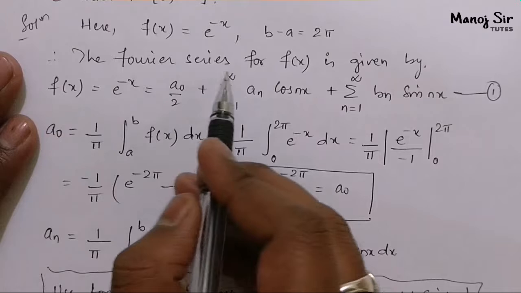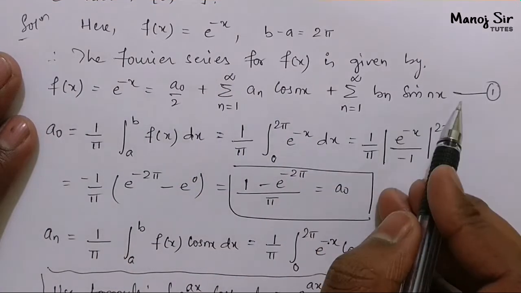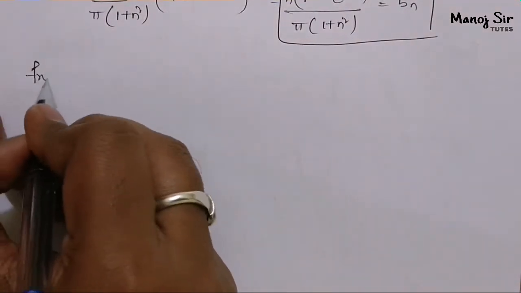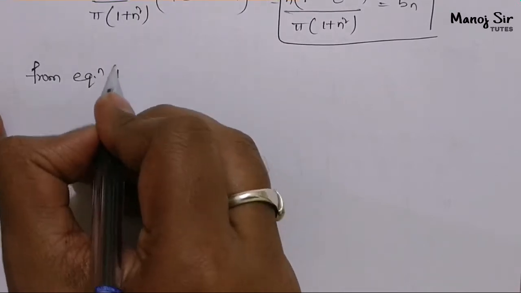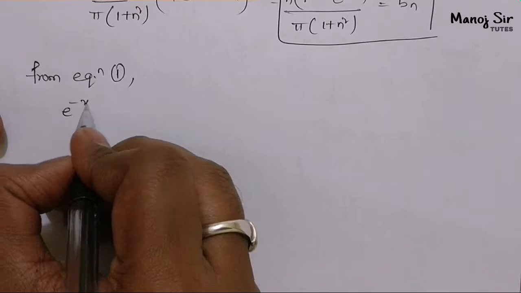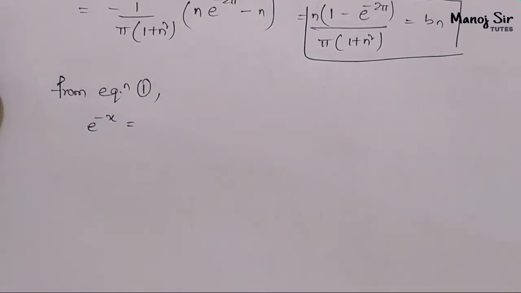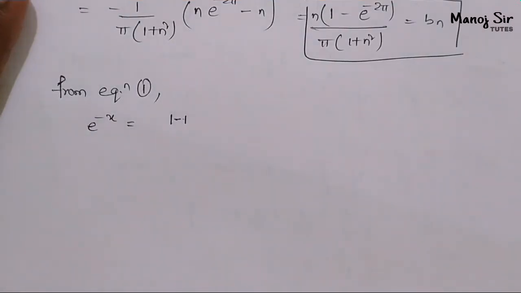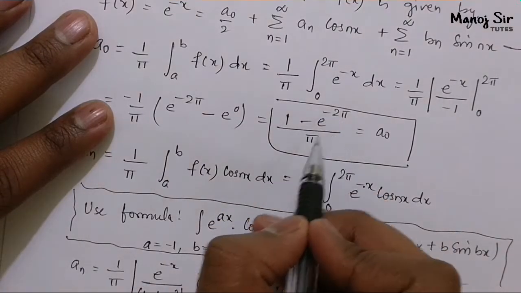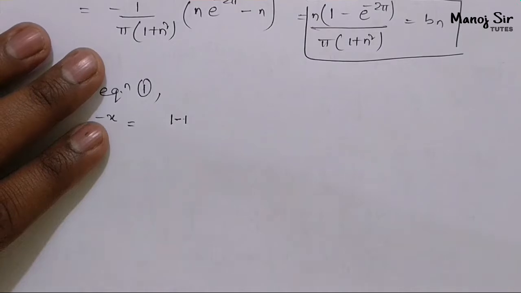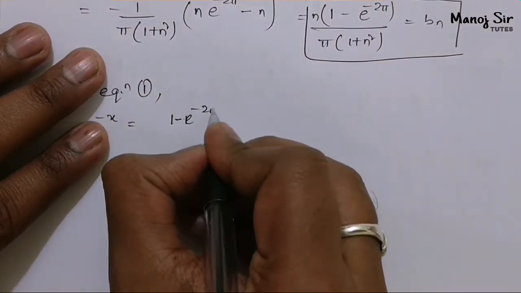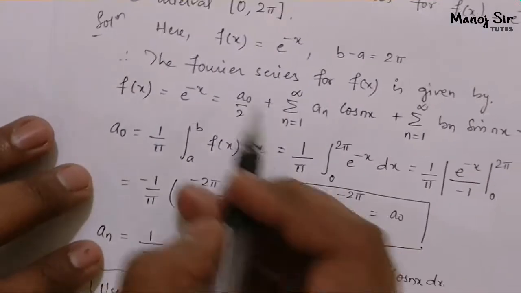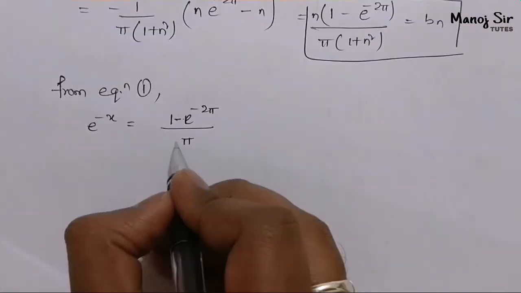So we can write the Fourier series of f of x from equation 1: e to the power minus x equals to 1 minus e to the power minus 2 pi upon pi, that is a naught, but in the series we have a naught upon 2, so write 2 here.